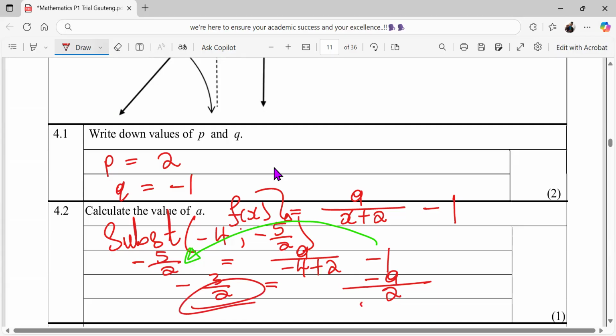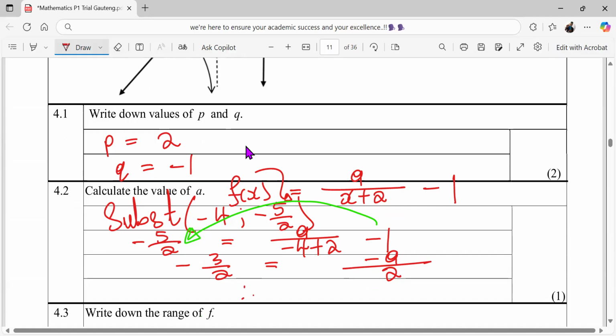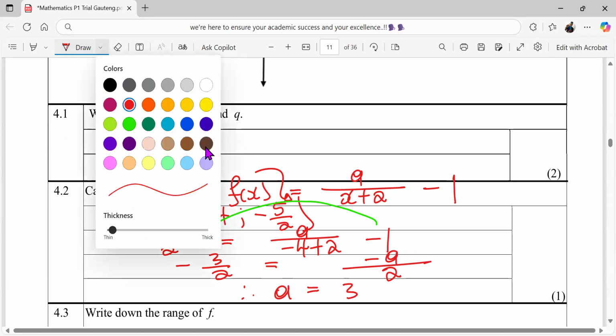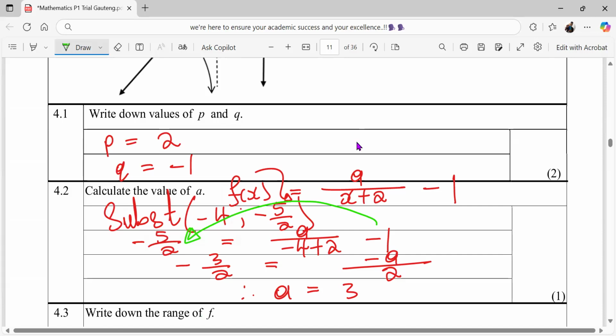Then now you can see that the denominators are the same in this equation. So if the denominators are the same, then the numerators are bound to be the same as well. So the value of a will just be 3. The negatives will cancel out.